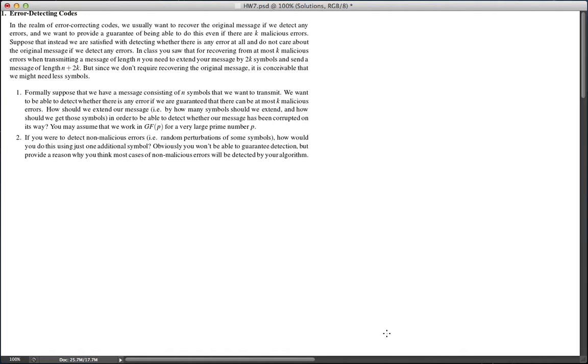In this part, we're just using one additional symbol. There are many ways to solve this, the case for non-malicious errors.